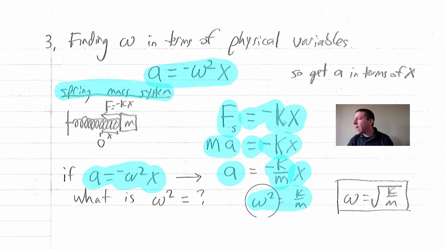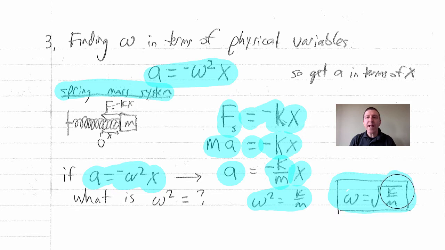Omega squared is going to be k over m for this spring mass system, and therefore omega, the angular frequency, will equal the square root of k over m. This is really important because it tells us that the frequency of a spring and mass system depends on two things. It depends on k.